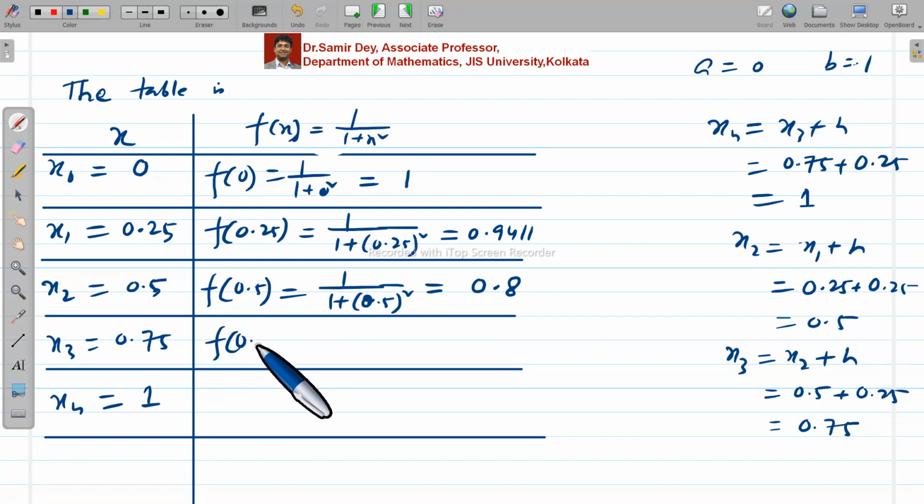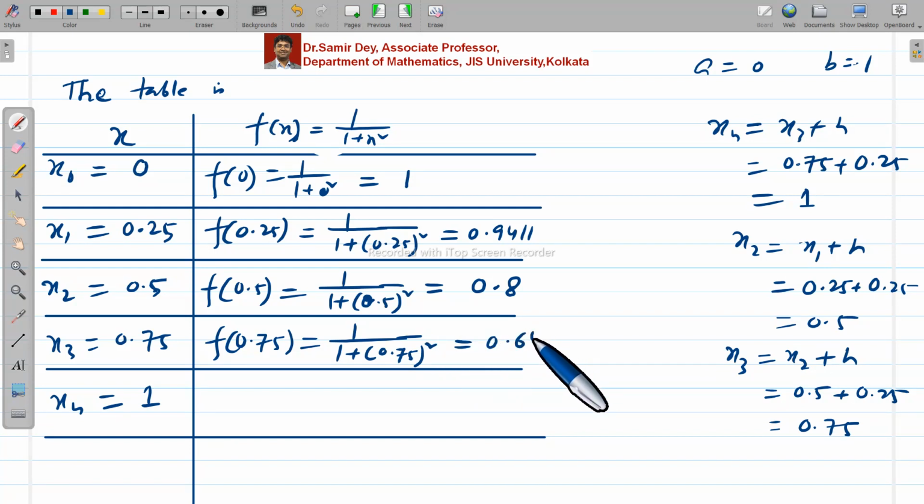f of 0.75 is 1 by 1 plus 0.75 whole square. Ultimately it is 0.64. And f of 1 is equal to 1 by 1 plus 1 whole square, which is 1.